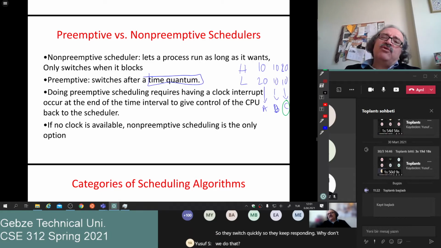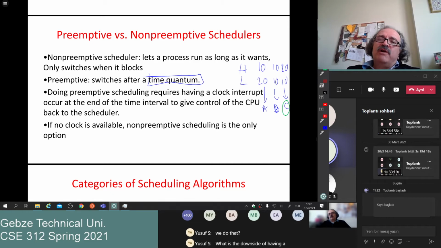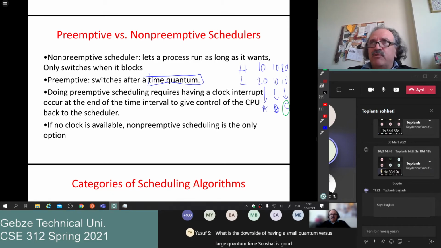What is the downside of having a small quantum time versus a large quantum time? So what is good with the small quantum time? It may cause too much interruption. For the sake of CPU usage efficiency, too much interruption means context switch, right?